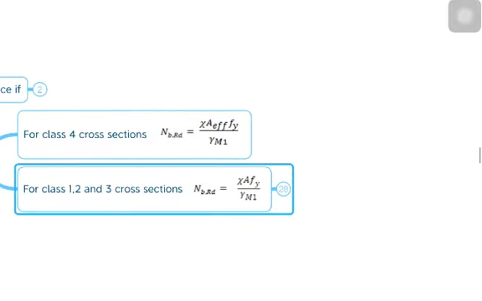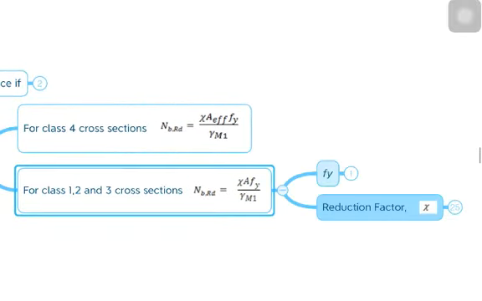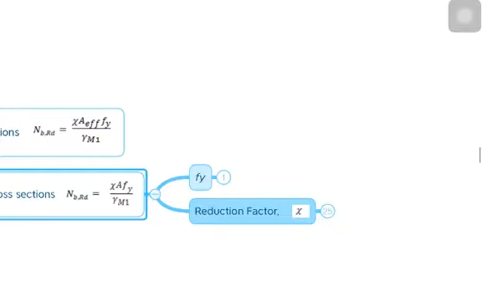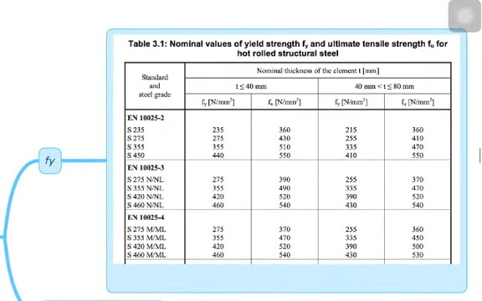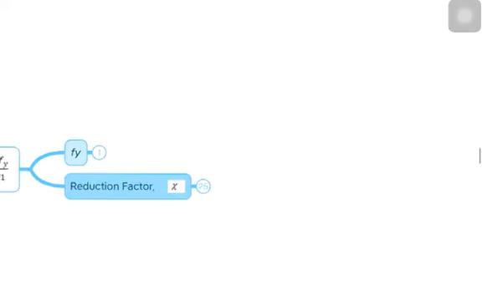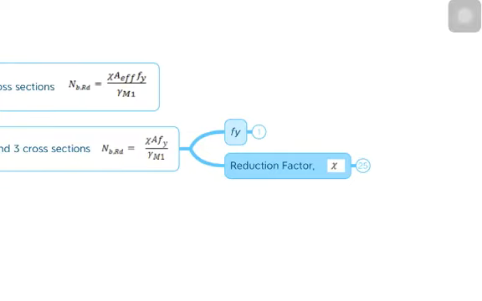To find Fy, Fy is from table 3.1 here, depending on the section that you chose before and the thickness of the element, so you can find Fy from this table. And once you have Fy, gamma M1 is 1.0.